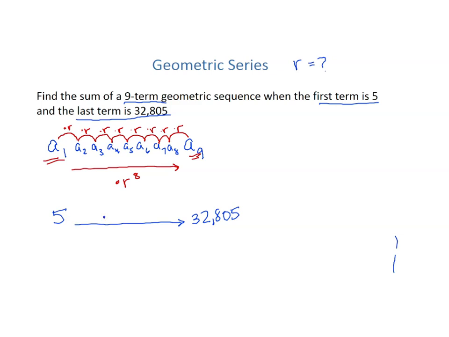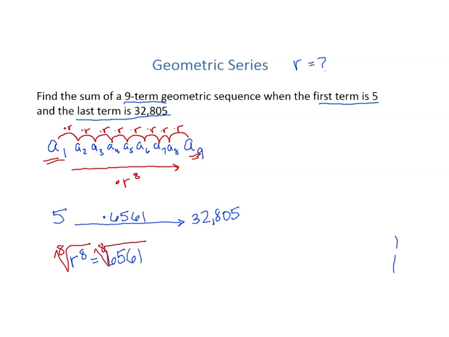And I got 6,561. So it takes multiplying by r to the 8th to get from the first to the 9th term. And that's the same as multiplying by 6,561 to get from the first to the 9th term. So that means that r to the 8th is equal to 6,561.